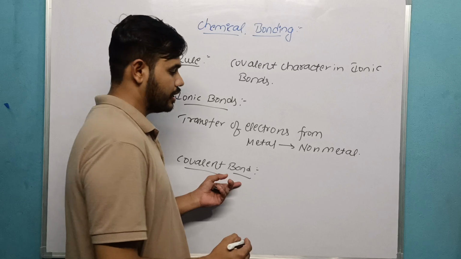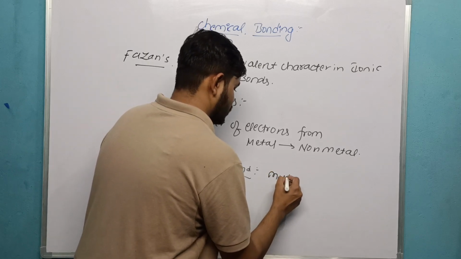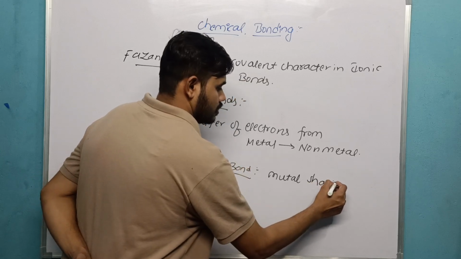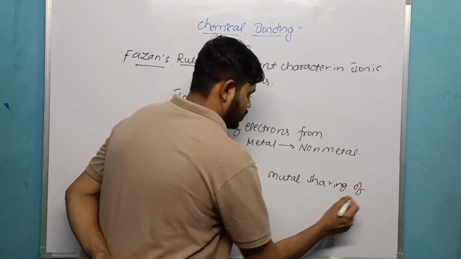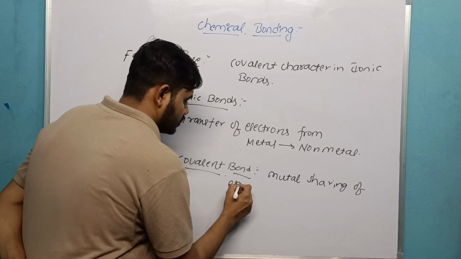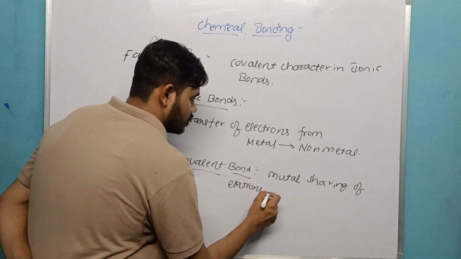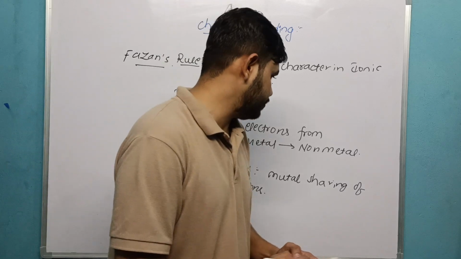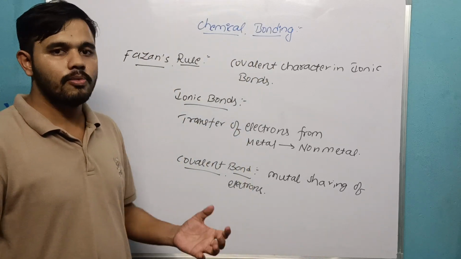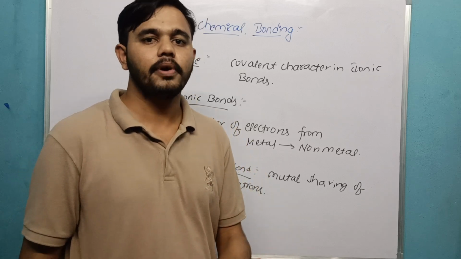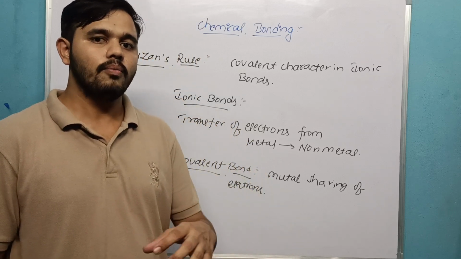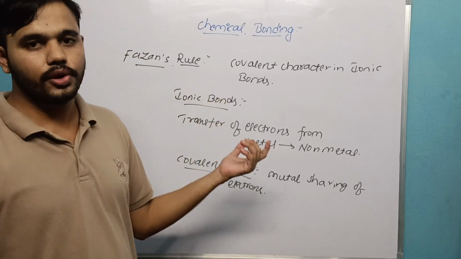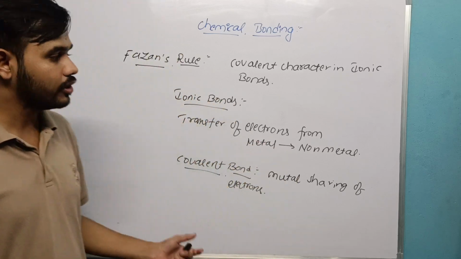That is called as covalent bond. Here, first of all, no bonds are perfectly covalent and perfectly ionic. They will have both ionic and covalent character in that. This rule is going to explain that. Note down this first of all.